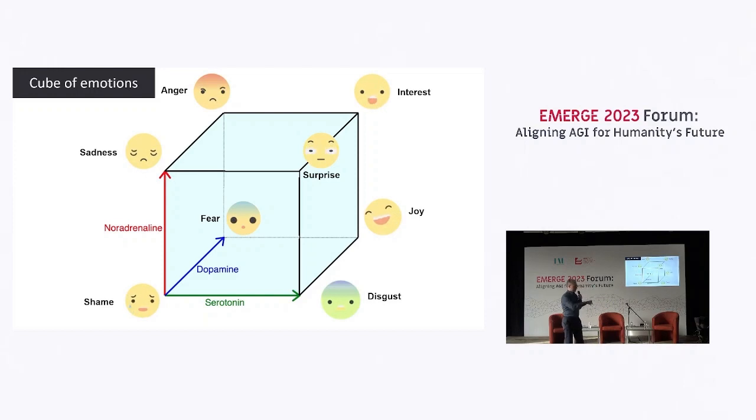In 2012, this model called the Cube of Emotions by Hugo Lövheim was published, and it bridges those two perspectives: emotions, which are high-level psychological phenomena, and low-level computational, in quotes, neuronal processes, to be precise, that we have in our brains.